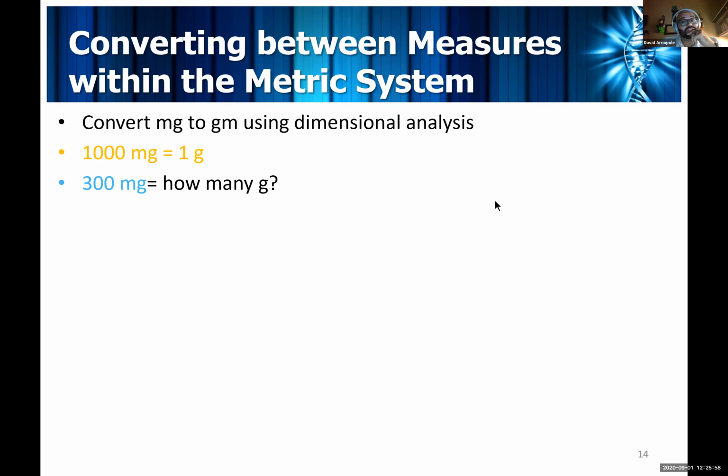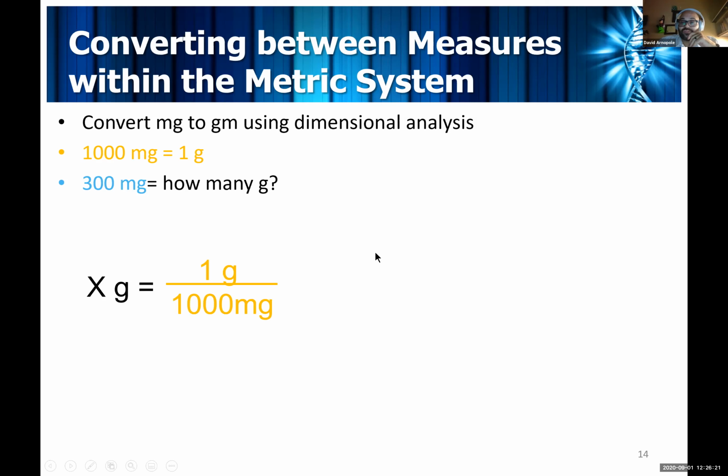So my question is, it doesn't matter what the question is, how many grams? X grams. What do I have up there that matches grams? I have a conversion factor. I will not give you conversion factors in the actual exam, so you'll have to know them. I just wanted to write this in here so you saw it. So X grams, 1 gram over 1,000 milligrams, because that 1 gram matches the X grams, matches my suffixes.